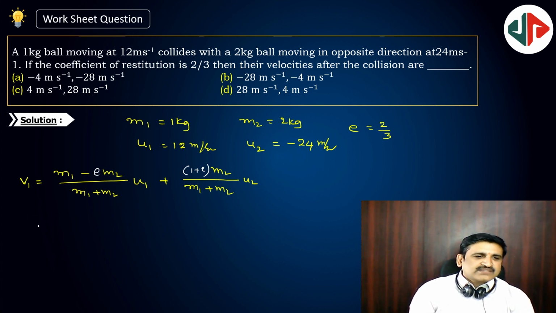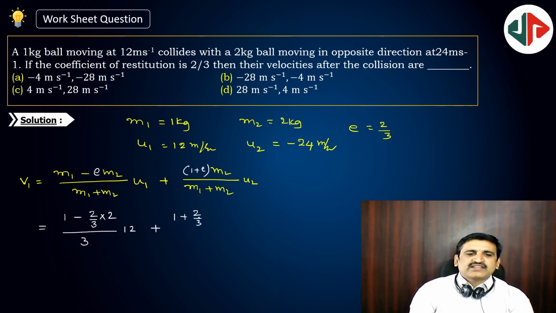So let me substitute the values. m1 is 1 minus 2 by 3 into m2, that is into 2 by m1 plus m2, which is 3, into u1, 12, plus 1 plus e, 1 plus 2 by 3, into m2 2 by m1 plus m2 3 into minus 24.